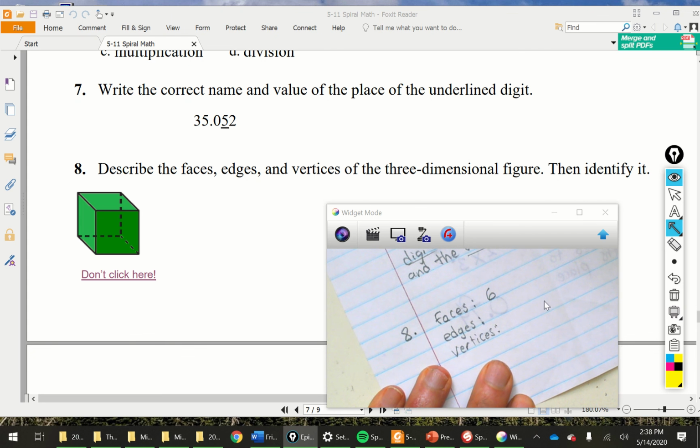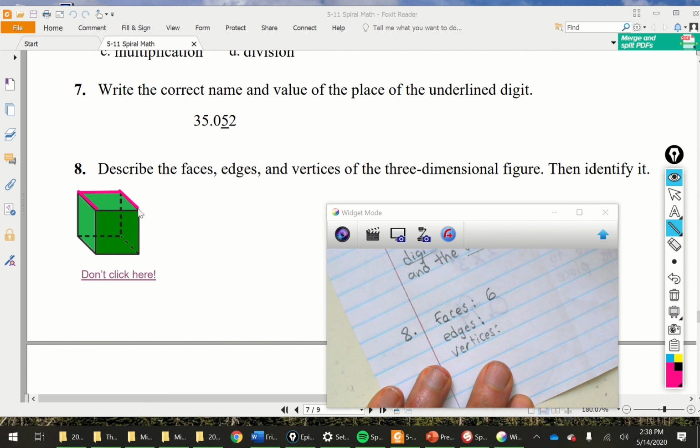Edges are a little bit easier for me to show on a two-dimensional shape. So edges are where two faces meet, like this face and this face. Right here is where they meet. That's one edge. Now, right in the back and on top is another edge, and on the top and on the side is where two faces meet.